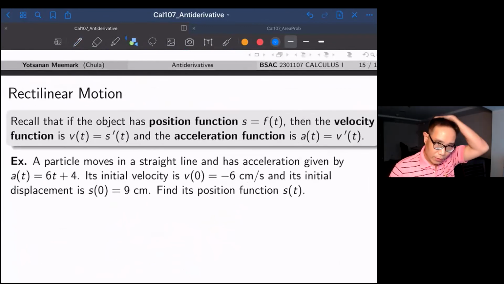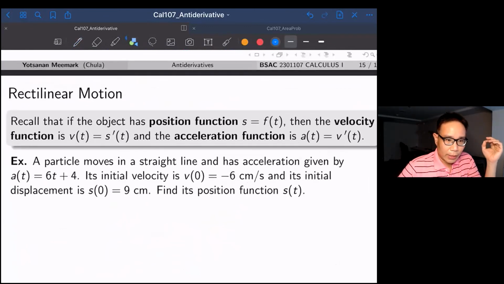Final one, the thing that we have been studying can be applied to physics a little bit. So we are going to have rectilinear motion. You have the position function equal to f(t), and the velocity turned out to be just the derivative of the position function.